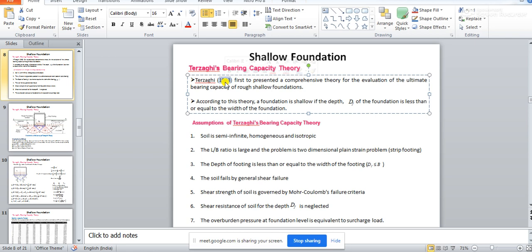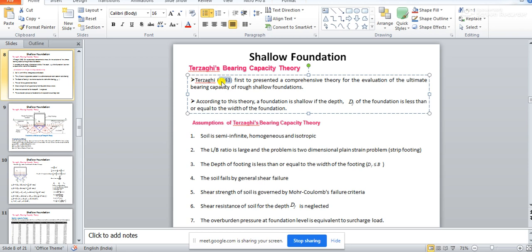And while working on these things, Terzaghi came up with the bearing capacity theory, presented in the year 1943, and it gives a comprehensive theory. It's a very important theory.